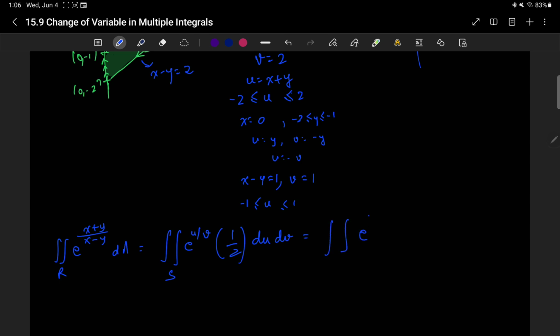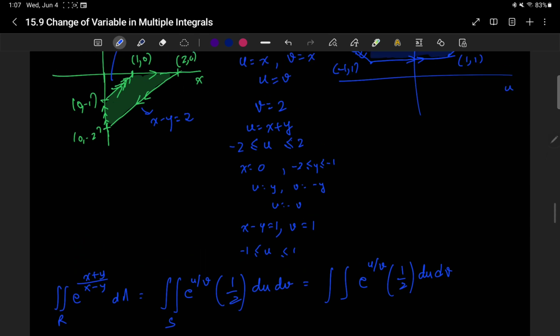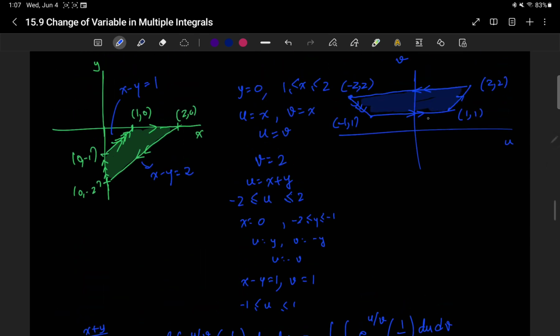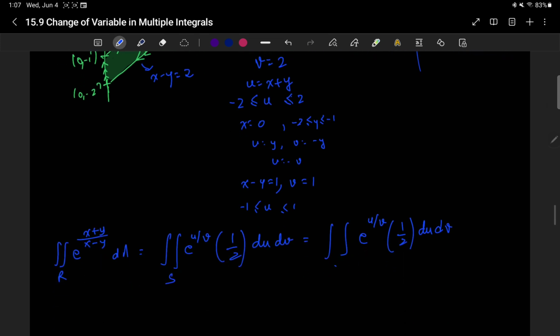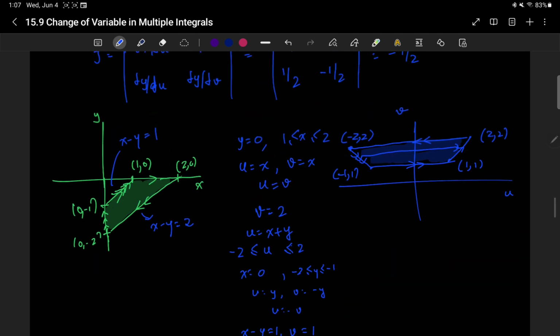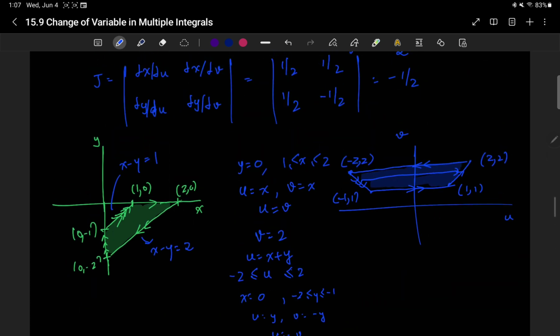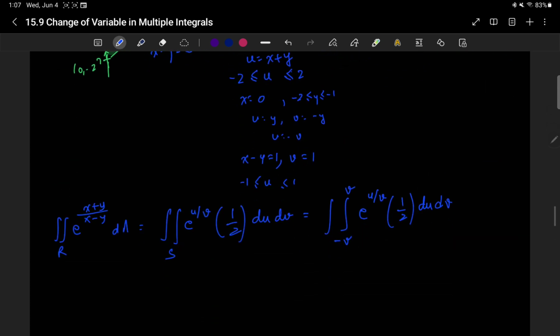And putting in the limits, now in the UV world, what happens to u? U goes from -v to v. And what happens to v? V is restricted between 1 and 2.